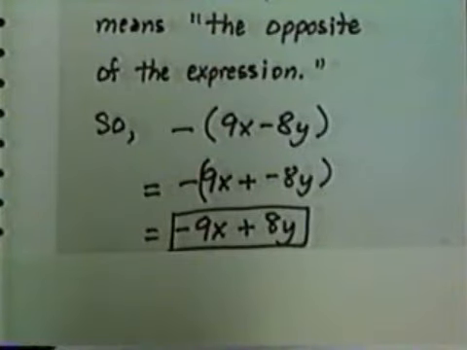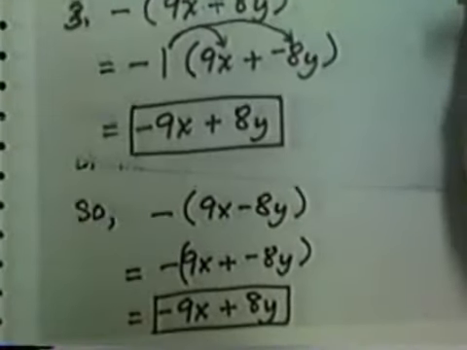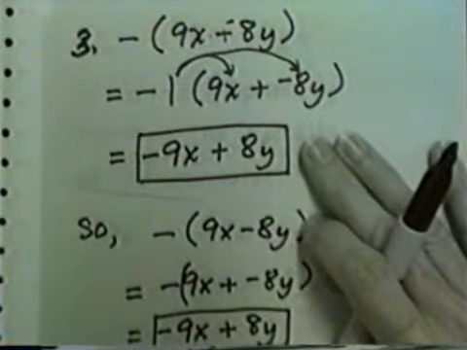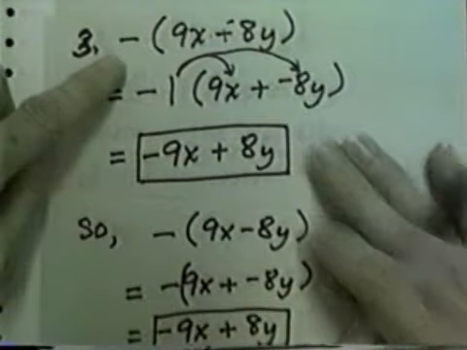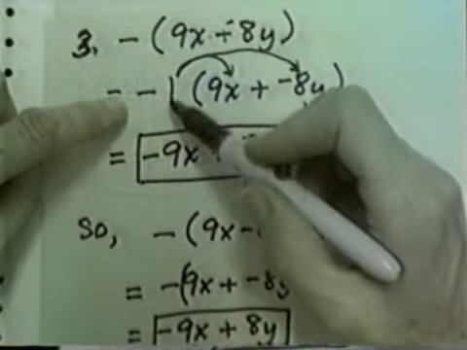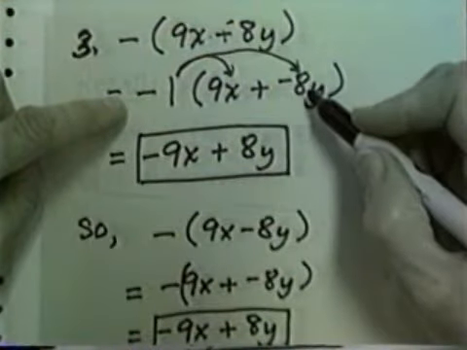Now this gives us two ways of looking at the same problem. Let me put back up the first version we had of it: the minus sign before (9x plus negative 8y) is thought of as negative 1 times (9x plus negative 8y).